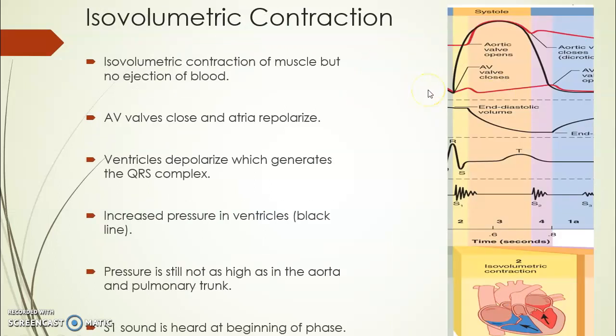Then as we come to that very, very quick isovolumetric contraction, meaning that the valves are closed and everything is just holding in steady, very quickly we're going to see this huge jump in ventricular pressure.